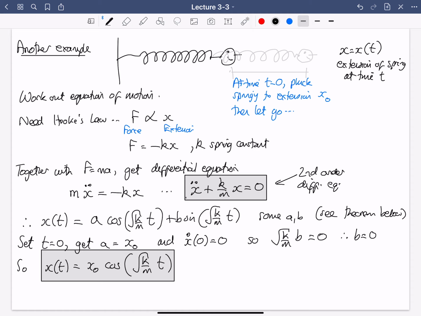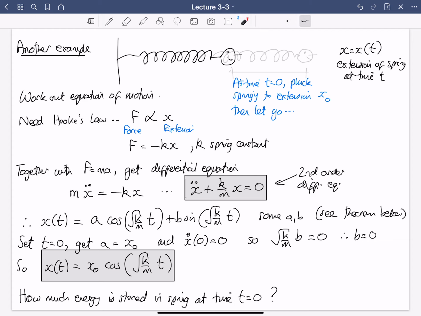I want to work out how much energy is stored in the spring at that time t equals 0, when it's at that maximum extension. How much work did you have to do to stretch the spring to that point?